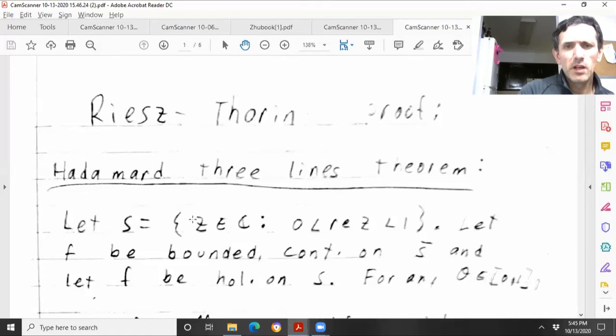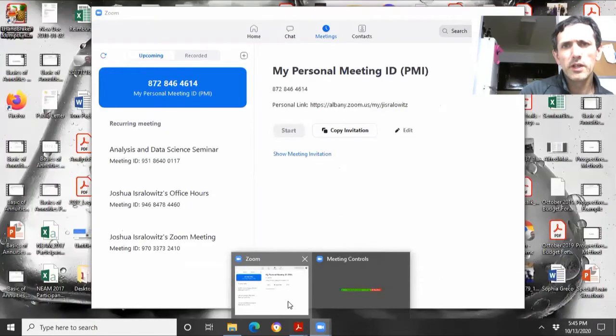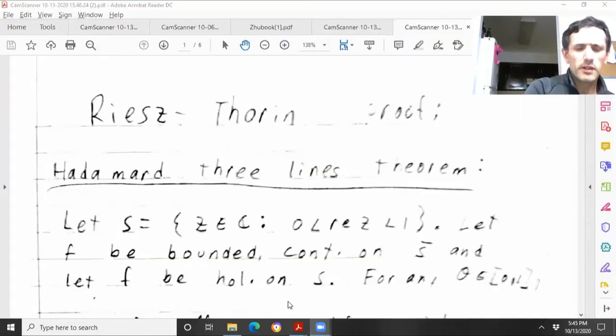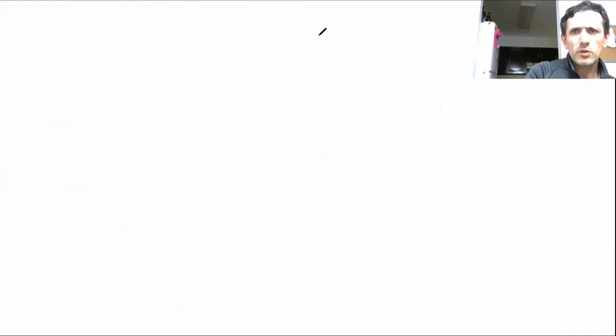But so let's say we have the strip here, all z where the real part is between 0 and 1. So let me draw that real quick. Go to a new screen share. All right, so draw the complex plane.